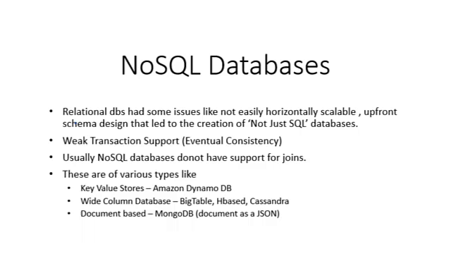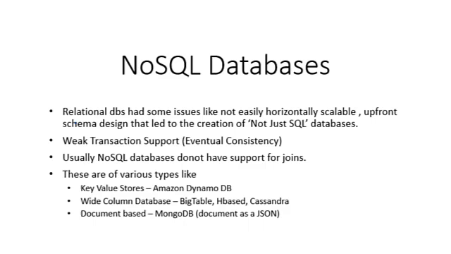Basically, any update to a particular machine has to be propagated to other distributed machines. So the data would eventually show up over there at some point in time. It would be made available at some point in time. At this point, it might not be there. Usually, NoSQL databases do not have support for joins.